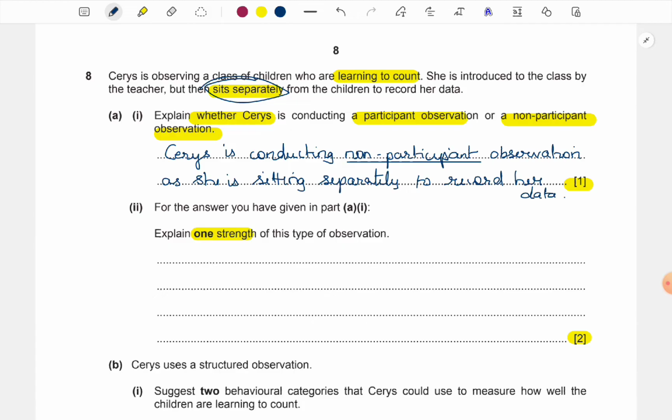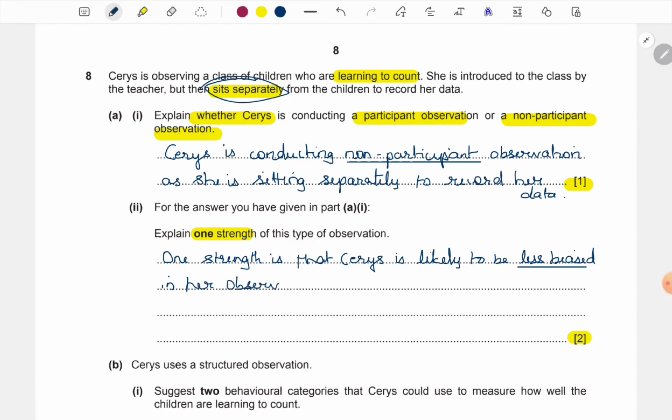So first we can say one strength is that TLJ is likely to be less biased in her observation, increasing validity of her study.